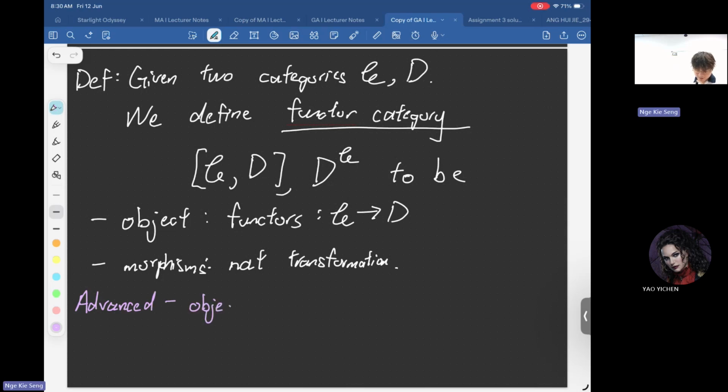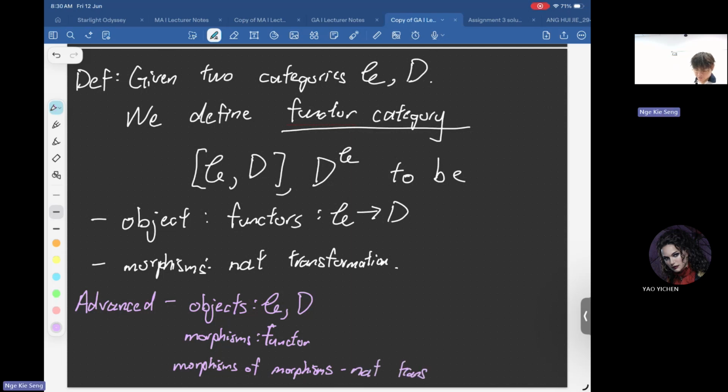I can consider objects being categories, and then the morphism is, let's say, a functor, and then I can go to the morphism, which is a natural transformation. And then I can do a similar thing to natural transformations, and so on, and keep going.